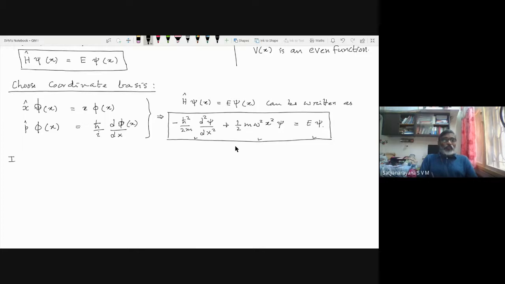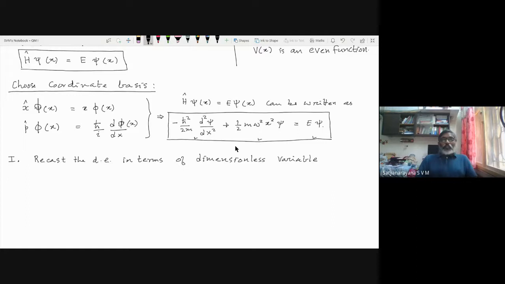First step will be to recast the differential equation in terms of what are called dimensionless variables. Sometimes we call this non-dimensionalization of the equation.